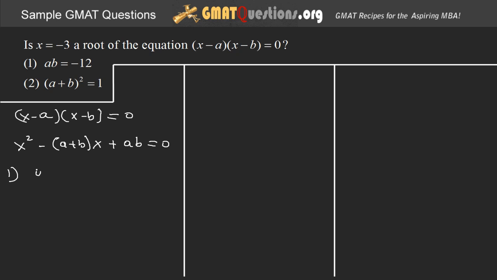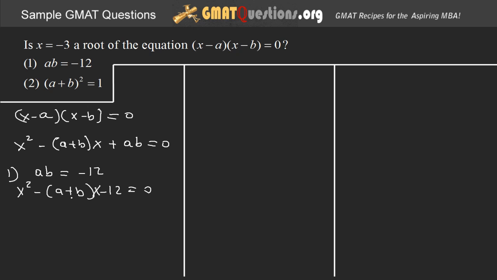Number 1, ab is equal to negative 12. All you have to do is write x squared minus (a plus b) x minus 12 equals 0. We don't need to keep going further here, because the problem is we have the product of a and b, but we don't have the sum.